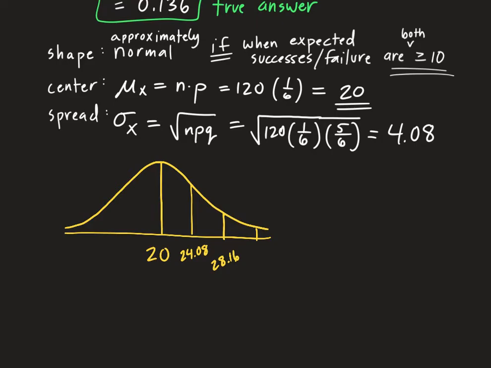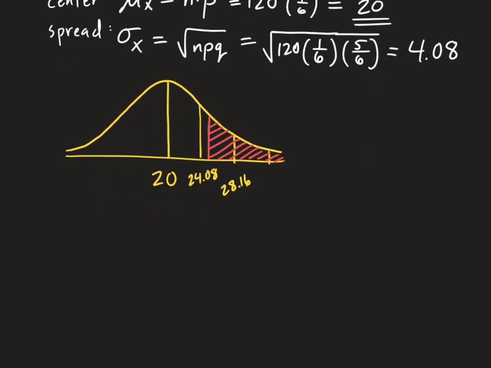And the question is, what's the probability that we get 25 or more? That's going to be in this area right here. That red area is our normal approximation of that true answer from above, 0.136. So let's find that red area.